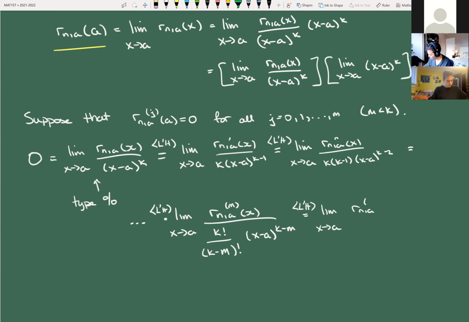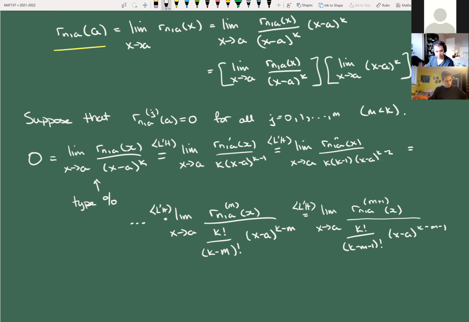So here is where we're going to learn about m plus 1. So this will give me k factorial over (k minus m minus 1) factorial, times (x minus a) to the k minus m minus 1, right?